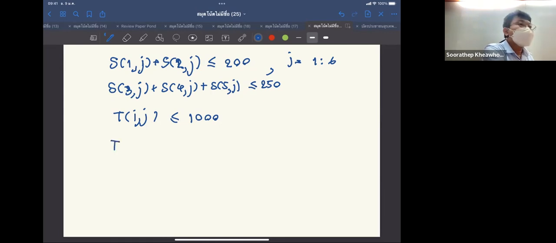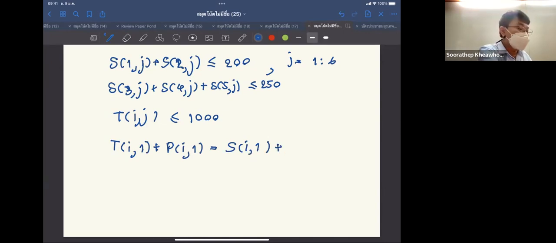Whatever is in the tank, TI1, plus what we purchase, PI1, must be SI1 plus what is in the tank of the next month.